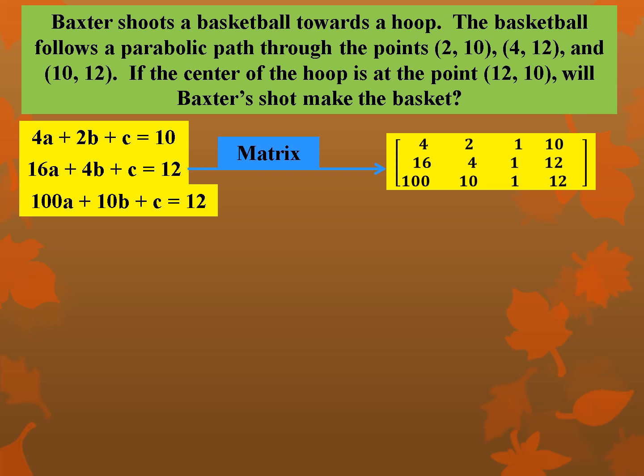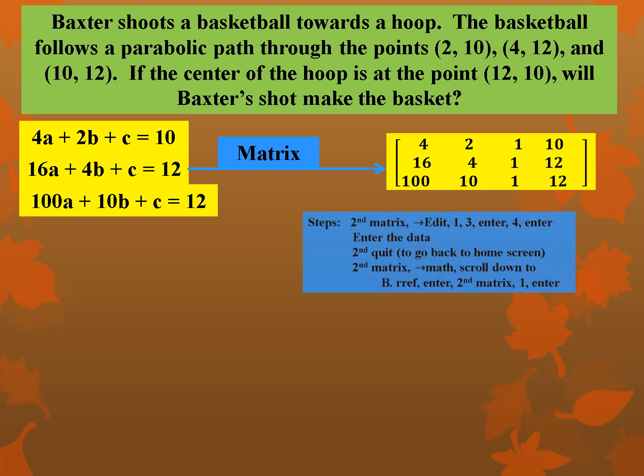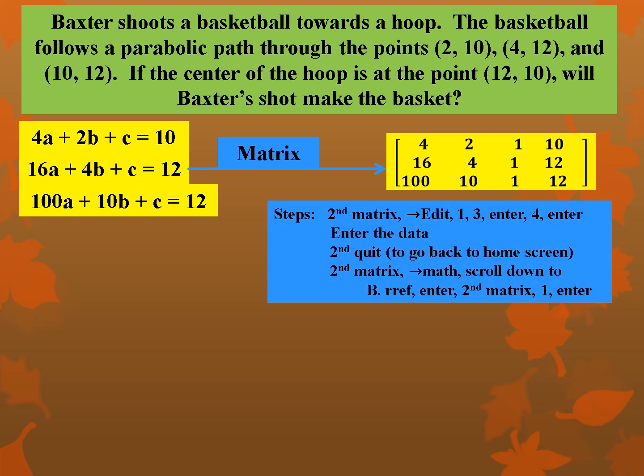Now I'm going to put the steps to actually enter the data into the calculator on your screen. While I talk through it, I want you to be trying to practice on your calculator. So remember, the matrix button is right above x to the negative 1. It's the submenu of x to the negative 1. So when I say second matrix, it's really second x to the negative 1.